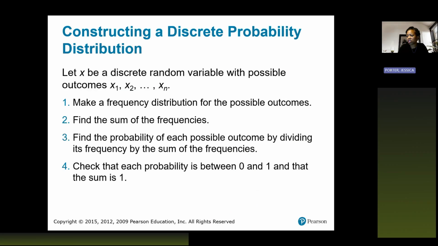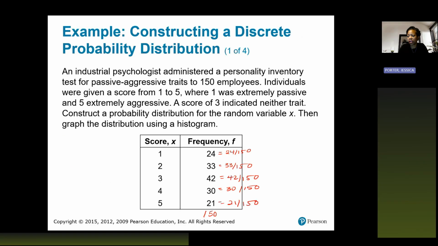Next instruction, we're going to check that each probability is between 0 and 1 and that the sum is 1. So you would add all those together. We know that they're all between 0 and 1 because every numerator is smaller than the denominator. So we know that it's between 0 and 1, but we don't know what the sum is.